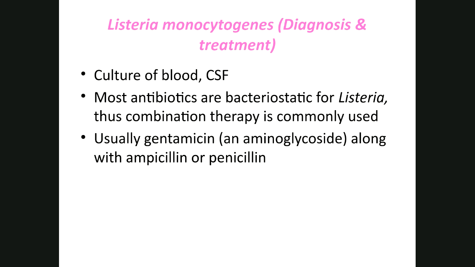So an ideal is that you combine 2 antibiotics to produce the desired effect. Usually ampicillin or penicillin is combined with gentamicin, an aminoglycoside combined with a beta-lactam drug, and this is given over a prolonged period of 14 to 21 days.